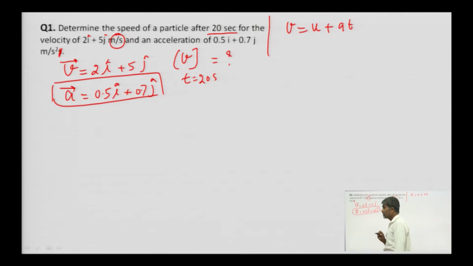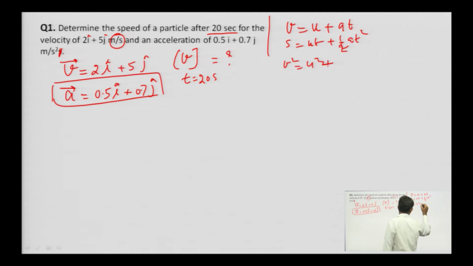It means all the equations can be used, ut plus half at square, and V square is equal to u square plus 2as, provided acceleration is constant, and in this question it is constant.